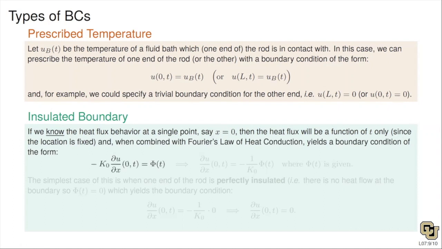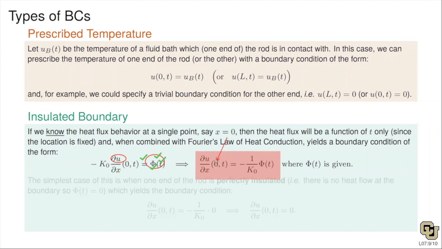Well, Fourier's law of heat conduction relates temperature and the heat flux. And so now if I know the heat flux, so now assume the heat flux is known, I can solve for partial u partial x, and this becomes a type of initial condition. I should say boundary condition, not initial condition, because this is an x variable.